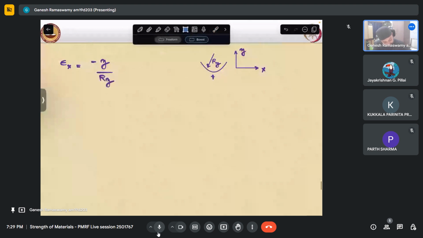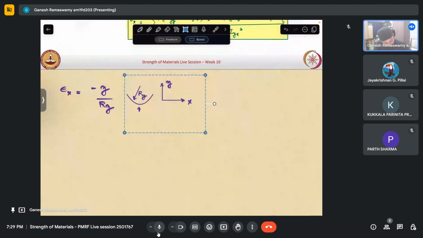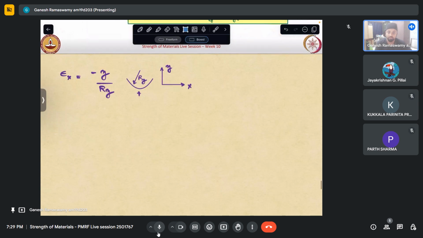Now this is for bending due to mbz, when the axis is parallel to the z direction. Similarly, if I were to take this as the x plane, now my positive z will be that way.